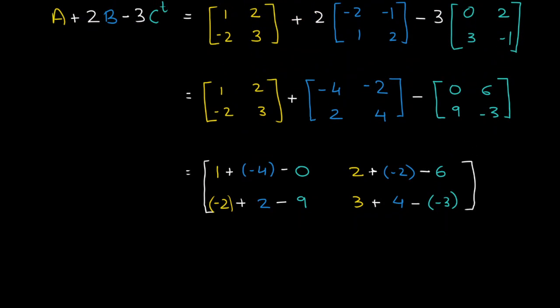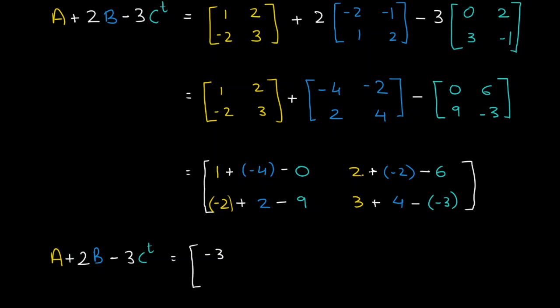I guess we are almost going to get the answer now, so we can directly write this down. The final answer: A plus 2 times B minus 3 times C transpose will be equal to, let's solve each value here. We have 1 plus -4 minus 0. So 1 minus 4 makes it -3, and -3 minus 0 keeps it as -3.